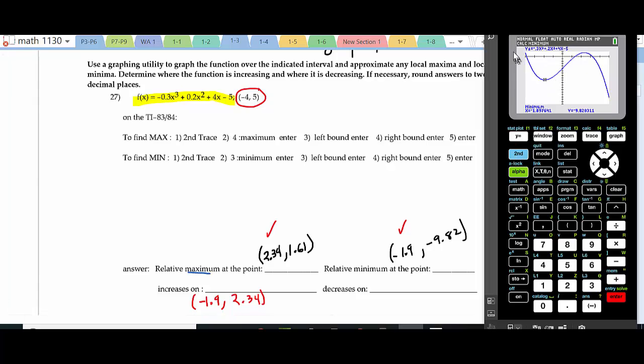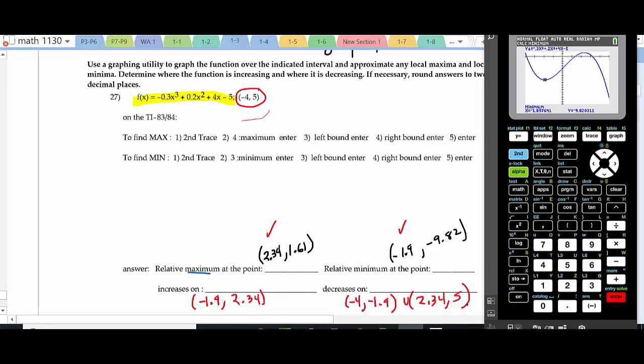Decreasing is going to be from negative 4, and we're going to use negative 4, not infinity, because I gave you an interval, until we get to this x value, which is negative 1.9. Then union, and then from this x until you're at the end of the interval, which is 5. So that would be 2.34 comma 5.